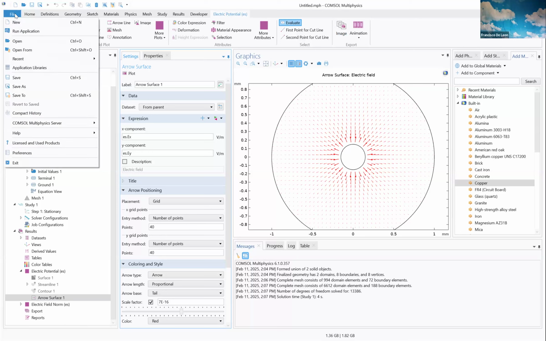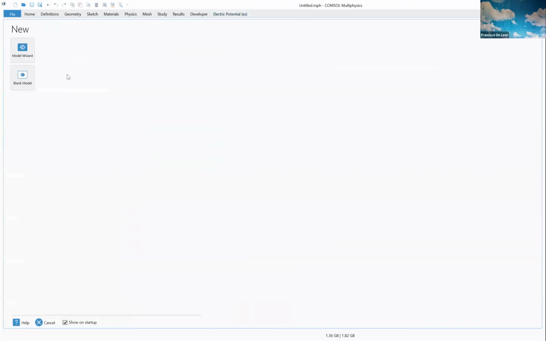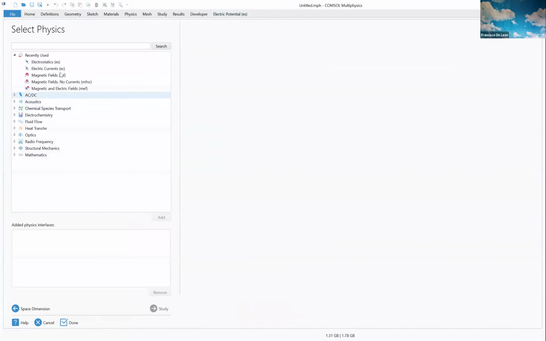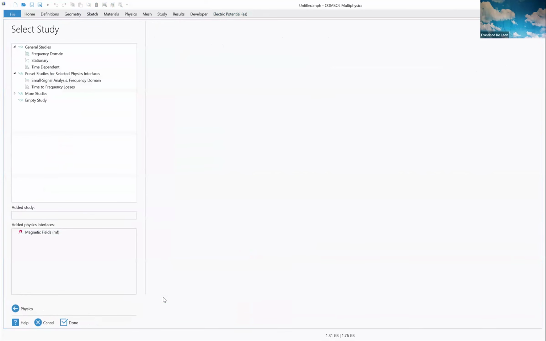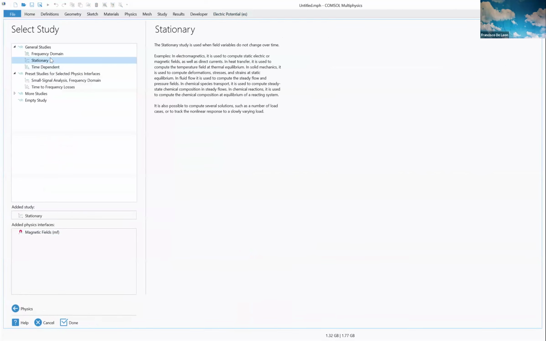Okay, so for the next simulation, we have to do this in a magnetic field, the same way, 2D, and there is an option electromagnetic fields, and in that magnetic fields, it is study and then stationary.